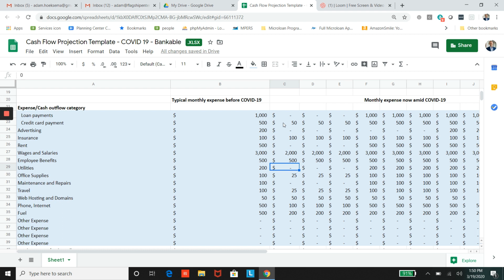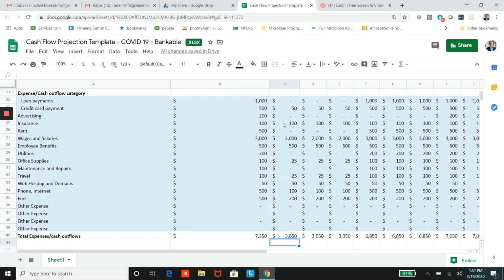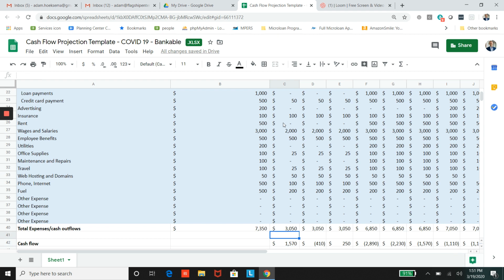Really what we're doing is just trying to say, okay, what is the absolute minimum amount of cash that we can spend and still survive and stay in business in the short term. And so that's what we're going through here. Once you do that, before in a typical month, we are showing $7,350 in cash outflows.